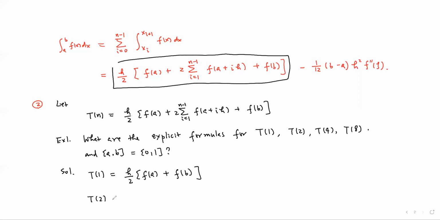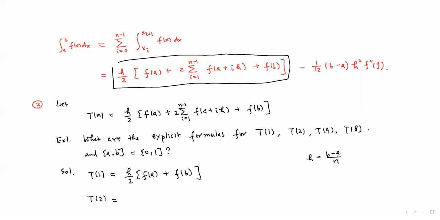When n is 2, I assume the interval is from 0 to 1. Recall that h is (b minus a) over n.